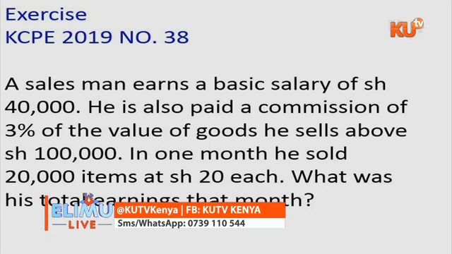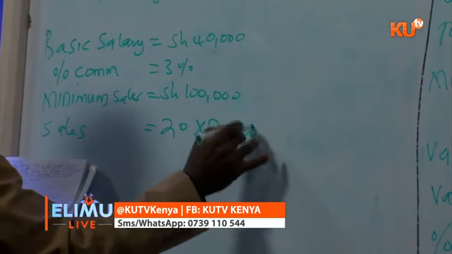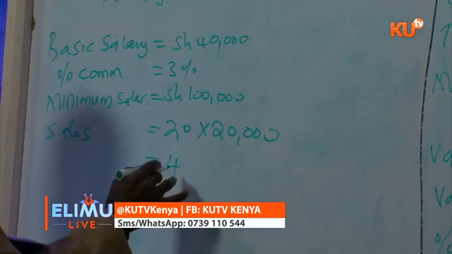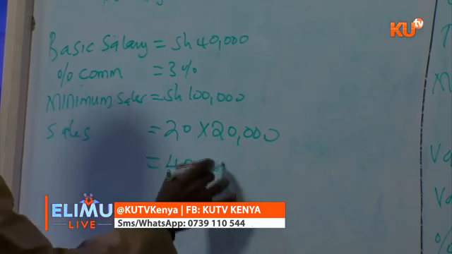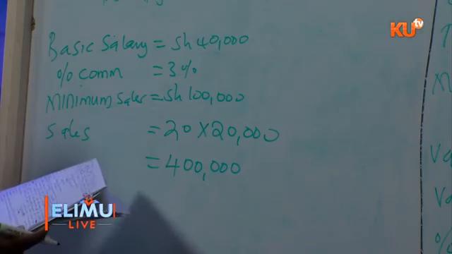And then the total sales that he made that month. We were told that in 1 month he sold 20,000 items at 20 shillings. So to get the total sales, we're supposed to take 20,000 and multiply by 20. That one will give us 400,000. So the 400,000 is going to be the total sales.